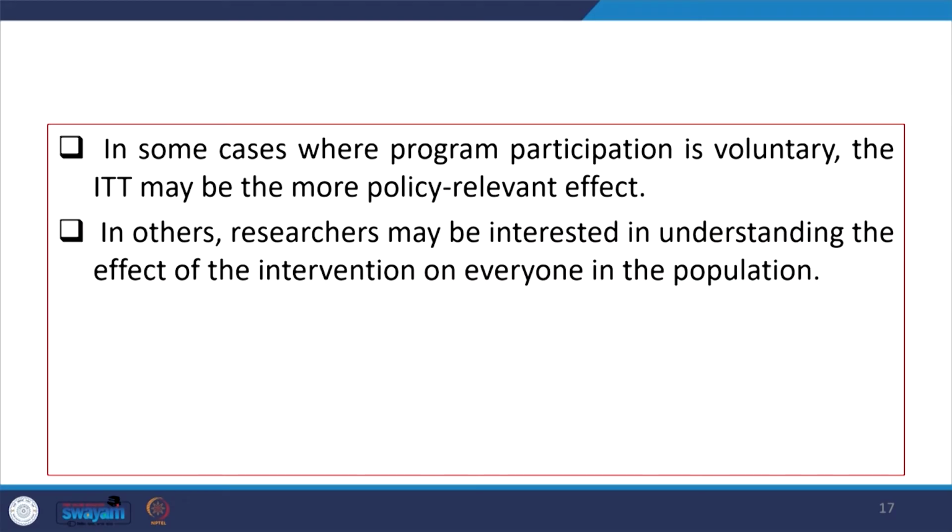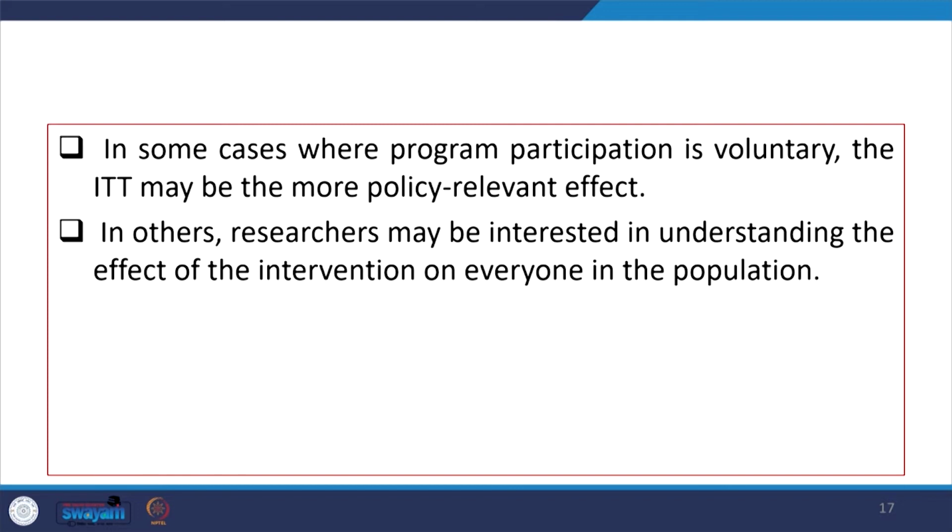In some cases where program participation is voluntary, the ITT may be the more policy relevant effect. Like if program participation is voluntary instead of specifically targeted, when it is voluntary, that means there is huge randomness attached. So, it is better to evaluate both the groups.